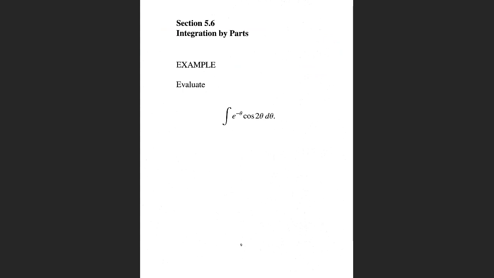Okay. So now, like you see in this problem here, you have the integral of, well, what's your integrand? You have a product of two functions, e to the negative theta and the cosine of 2 theta.